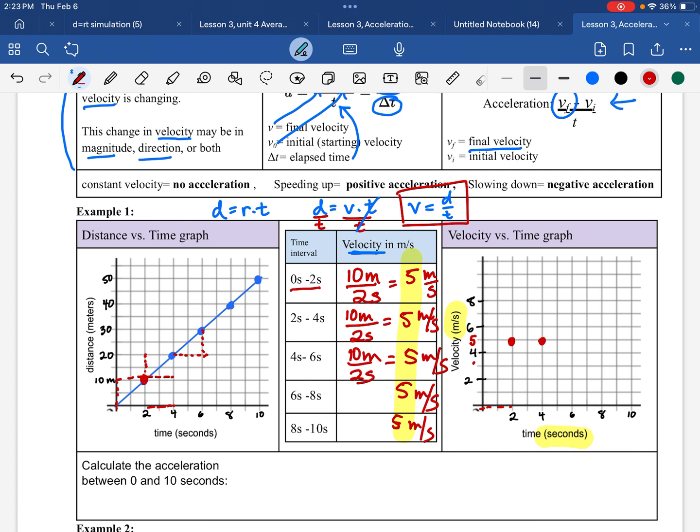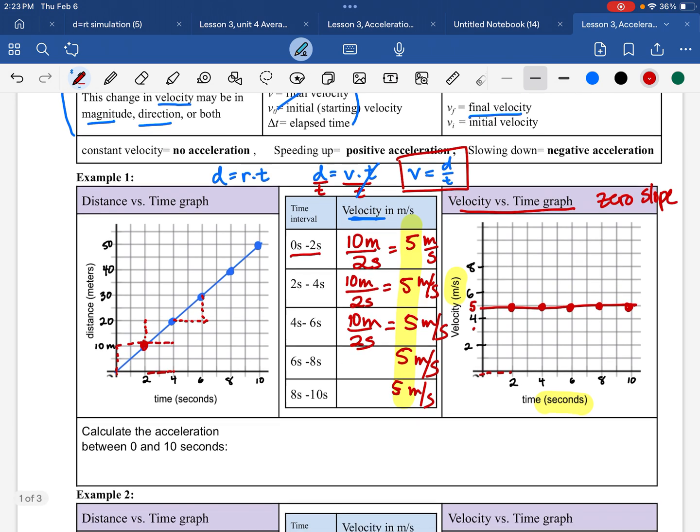For 4 to 6 seconds, velocity 5 meters per second. Right? So for all of our time intervals, the velocity was 5 meters per second, and we can connect these. And what we see is a velocity versus time graph that has 0 slope. Okay, we'll talk about that in a second.